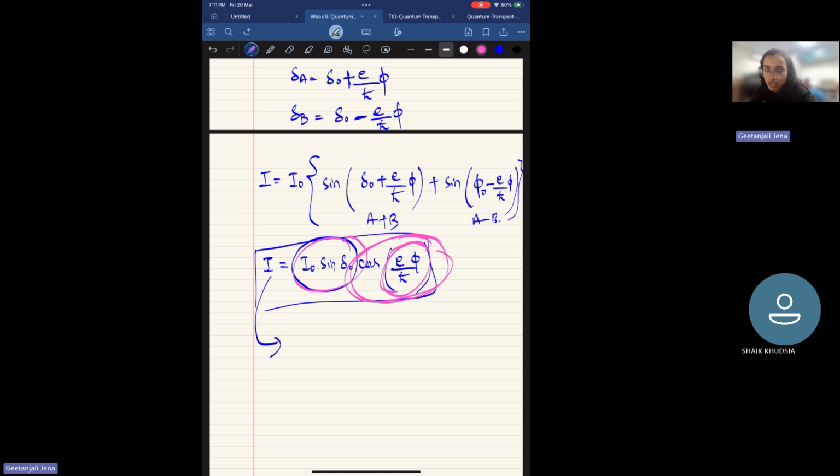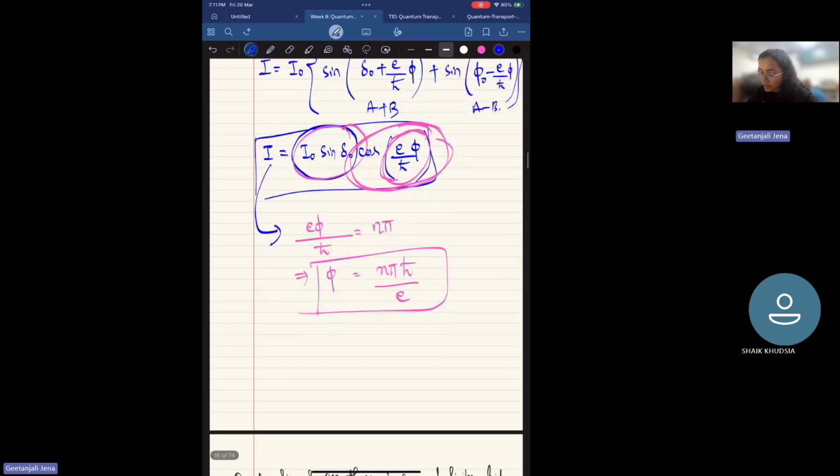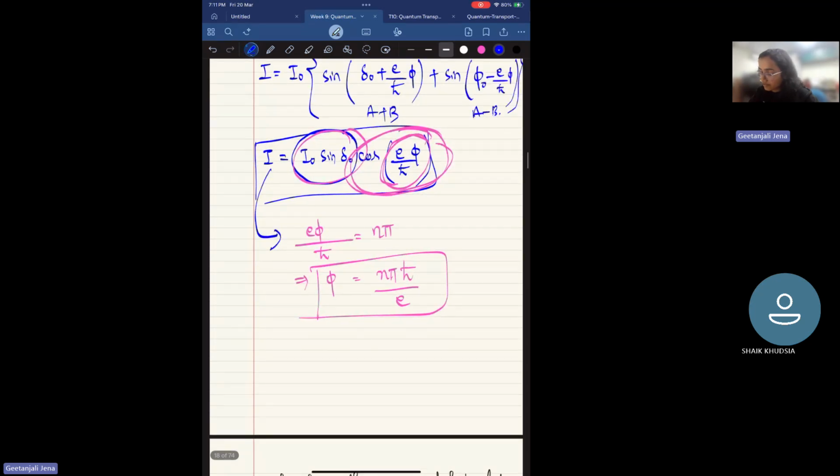So to have a maximum current, this should have a maximum value. And cos of something is maximum when it is an integral multiple of pi. So that means e phi by h cut should be equal to some integral multiple of pi. So phi should be n pi h cut by e. To see the maximum current, the flux should satisfy this condition.